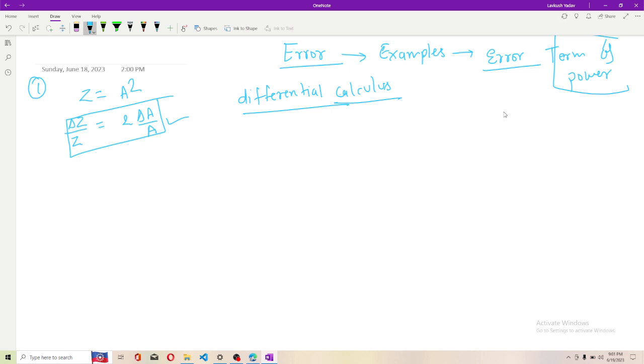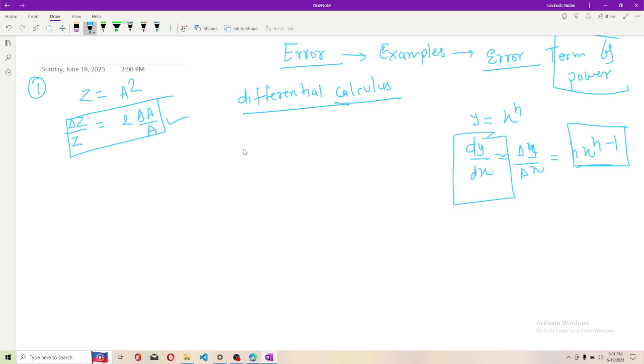Suppose y is equal to x raised to n, then the differentiation dy by dx, which for very small changes is approximately delta y upon delta x, is n x raised to n minus 1. This is the formula which we use here.